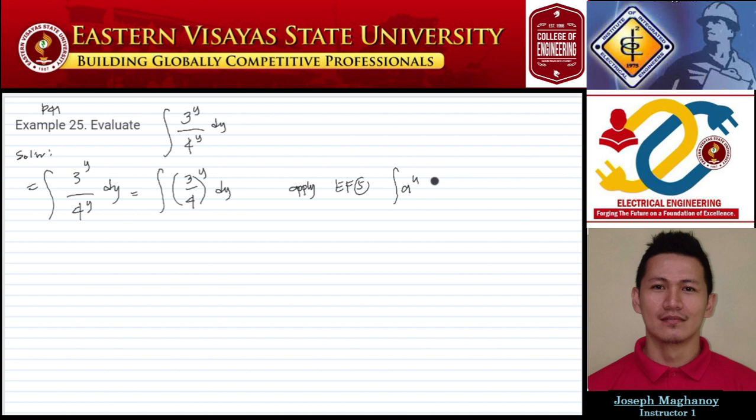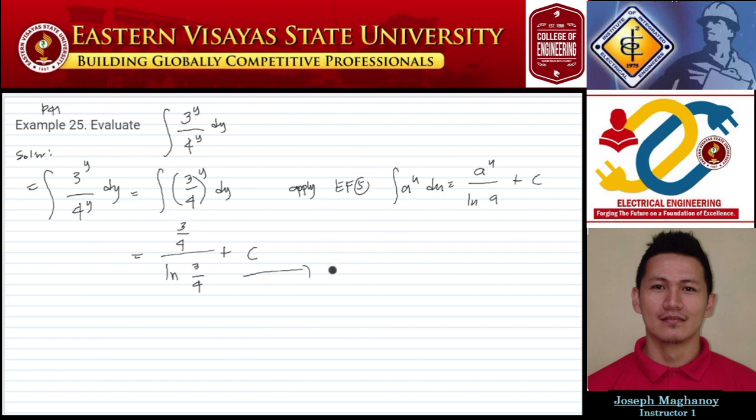Integral of a to the u du is a to the u over ln a plus c. Okay, apply our property, our formula. So if we're going to apply, our a is 3 over 4, so (3/4) to the y over ln of 3 over 4 plus c.